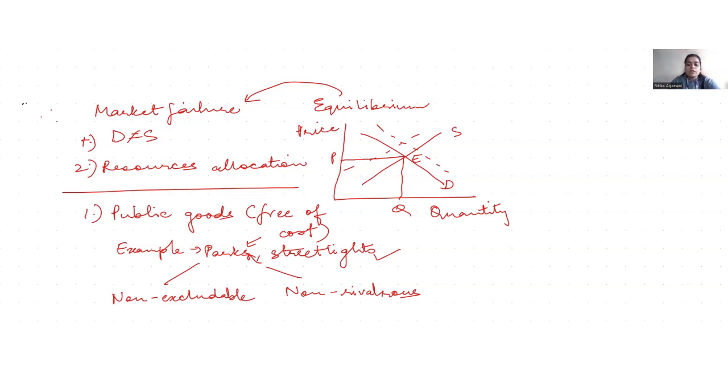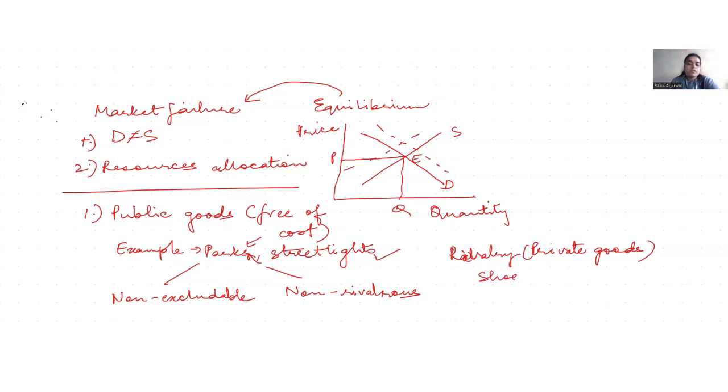And non-rivalrous means, if I talk about rivalry first, rivalry means that if one is using, then the other will not be able to use, like in the case of private goods. That is, they need to pay a certain price for a particular good. So let's talk about shoes.